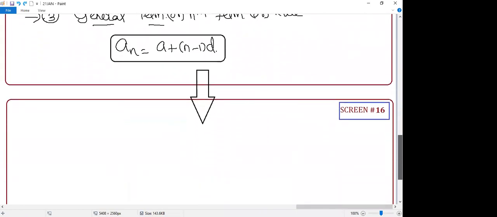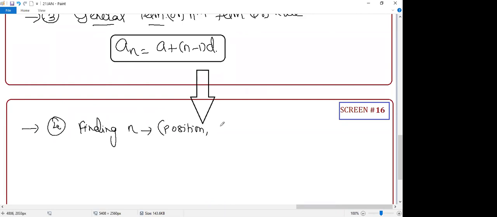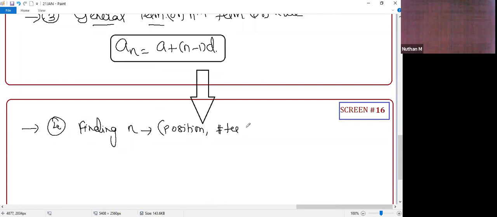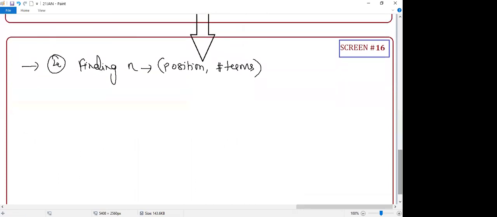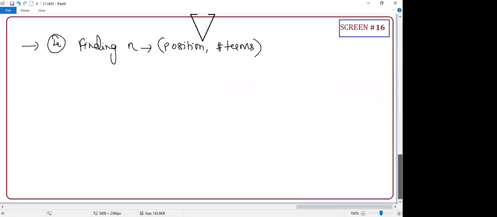Guys, your textbook is not defining this, but I'm going to define it: finding n. What is the meaning of n? Position, number of terms. Also, it is used to justify whether a term is present or not. I'll tell you that.